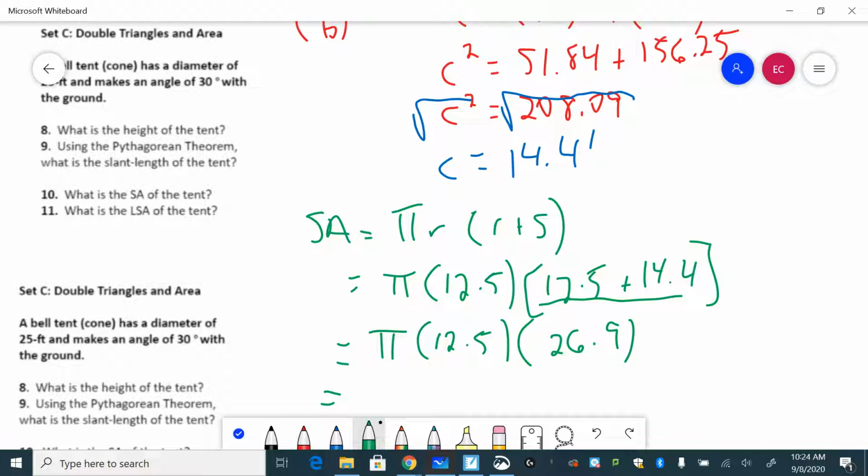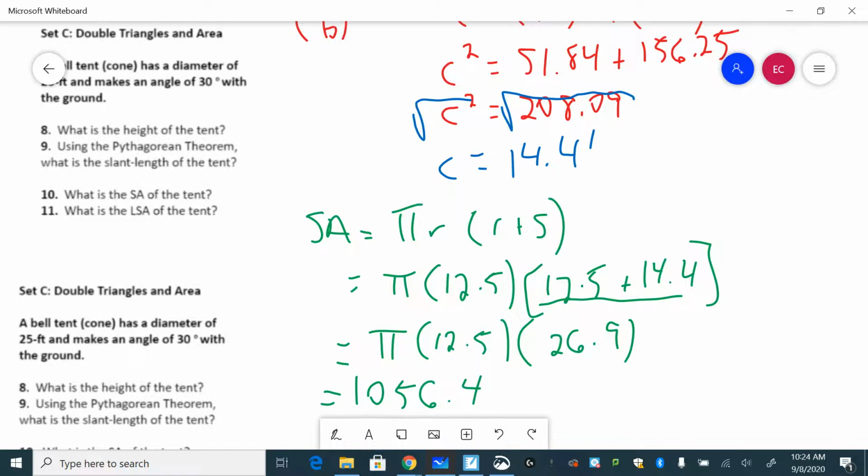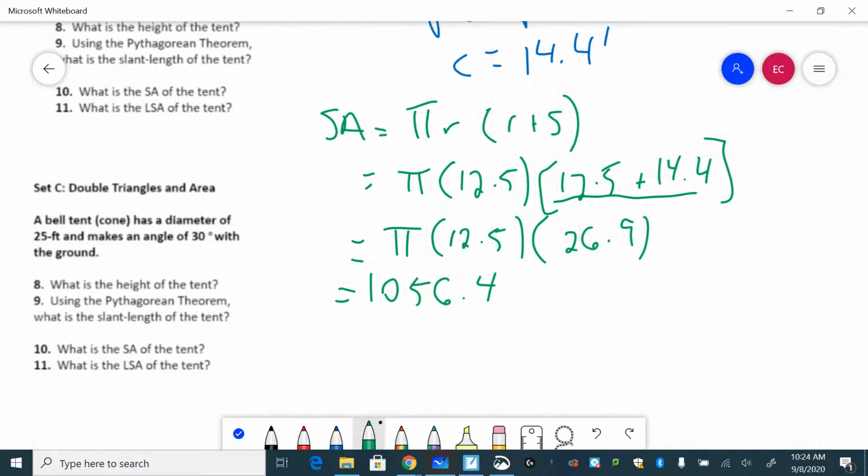So pi times 12.5 times the 26.9. And I get 1056.4. Now remember, this is area. So we're doing square feet. So you can either write square feet or you can write feet squared.